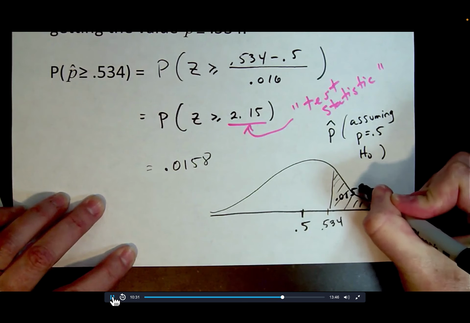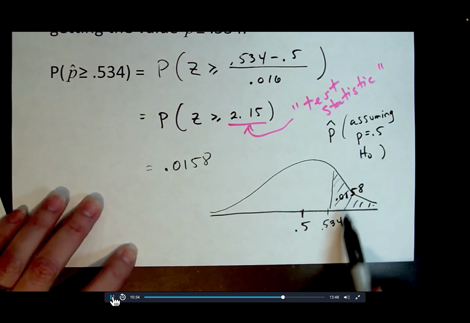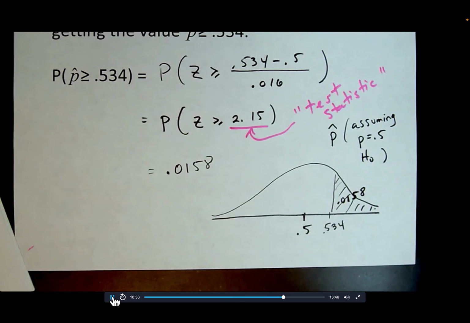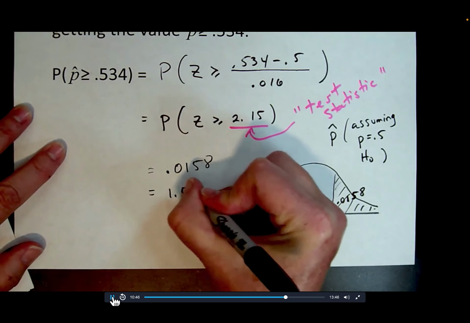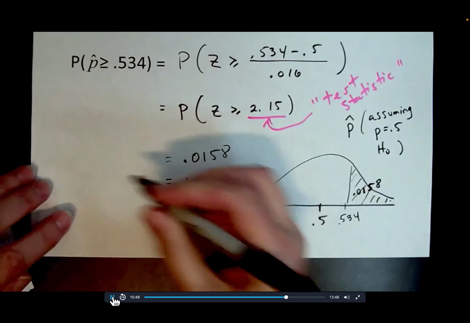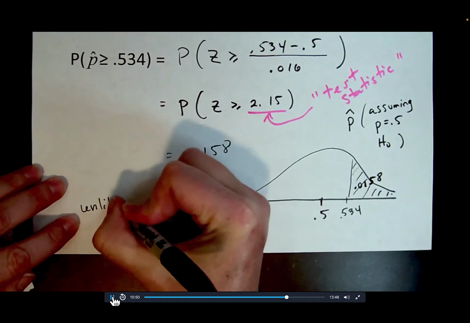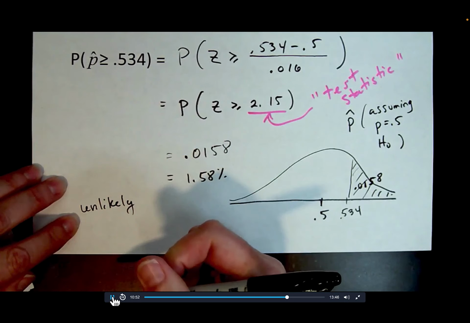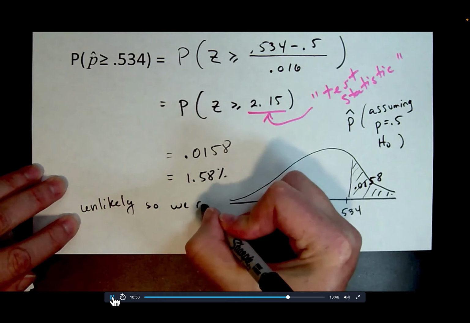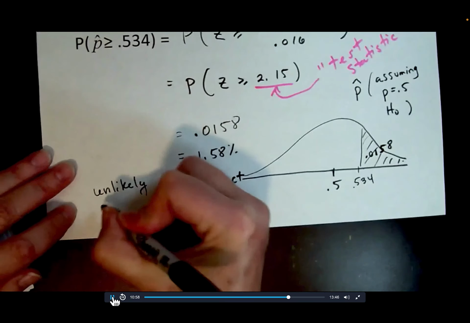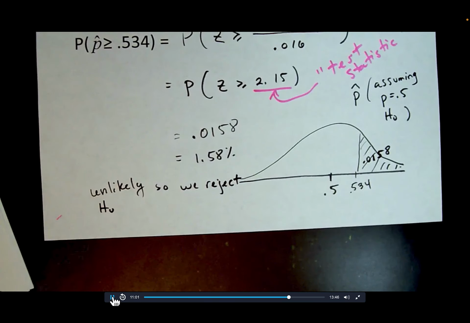Of course, we had to convert to z's to get that, using the z table. So what is that? That's 1.58%. That's unlikely. So we reject the null hypothesis, H naught.